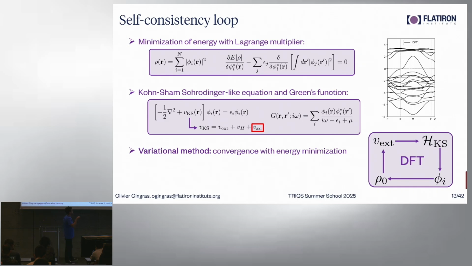And because it's based on the variational principle, and it's all connected, you can just loop through it, and you're guaranteed that when you find a converged solution, it's the solution of your system. And finally, you can also start from any density, say on a coarse grid, converge, and easily interpolate this quantity by just doing another loop, or just starting from some corrected density and doing a loop. That's what we're going to do in DFT plus DMFT.